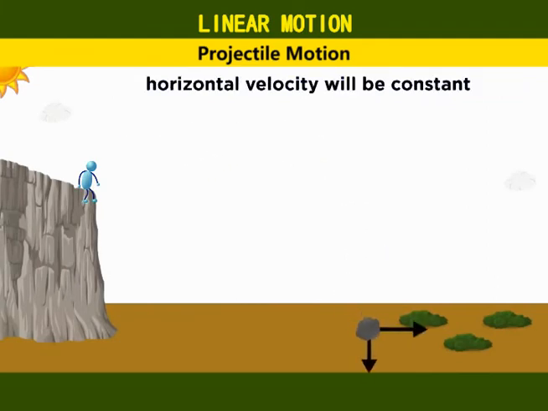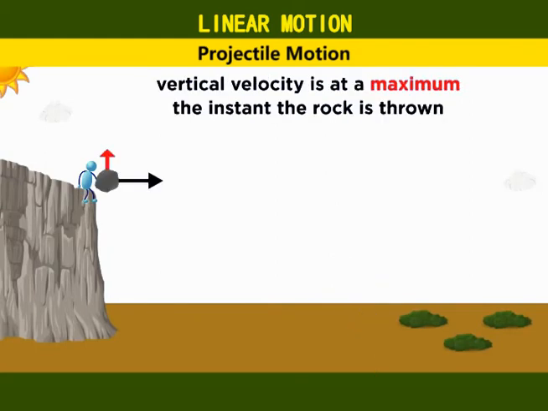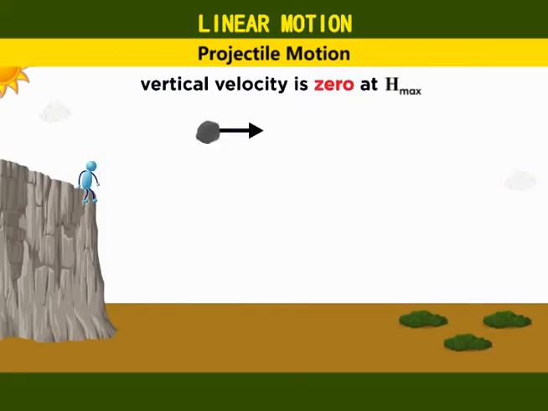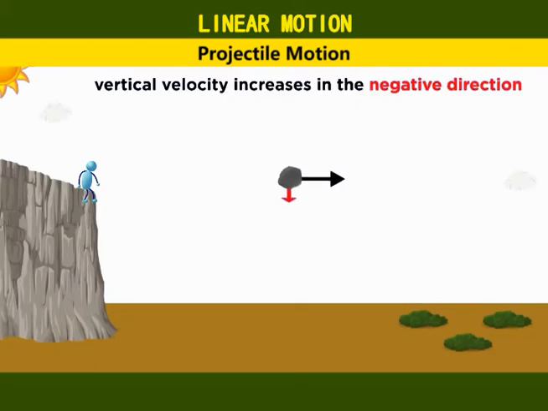The horizontal velocity will be the same at every moment in the trajectory as long as we ignore air resistance, but the vertical velocity will be greatest at the beginning of the motion, and it will decrease gradually until it reaches zero at maximum height, and then become increasingly negative until it hits the ground.